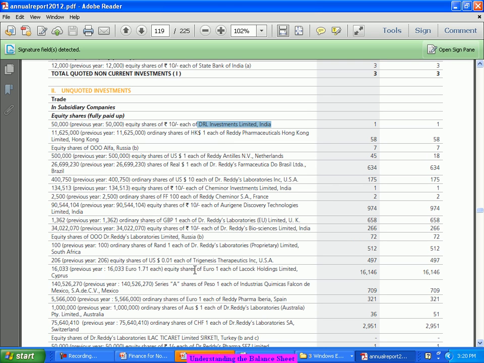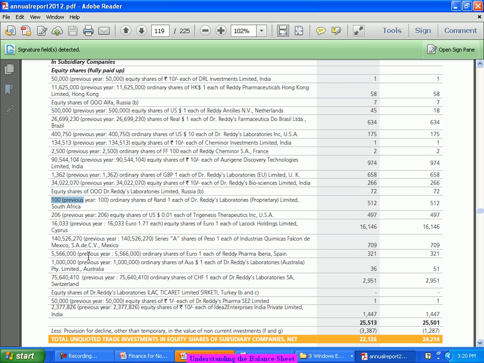You see here in the European, in something in Cyprus. They have invested something in Cyprus. They have invested something in Dr. Reddy's Labs Proprietary Limited. They are different companies. This is in South Africa. So they have different branches which are established as different companies, and DRL has invested in some number of shares in those companies. So these are like its own group of companies, right?